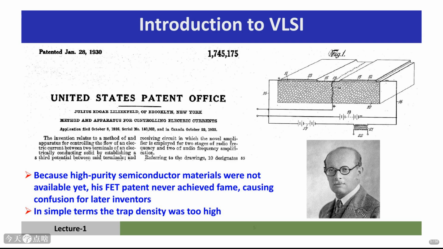Think of it like having a brilliant recipe, but no access to the right ingredients. His trap density was too high, meaning impurities interfered too much. So, while he gets credit for the early idea, the practical implementation waited for better materials and the work of Atalla and Kong. It's a reminder that even groundbreaking ideas can be ahead of their time.